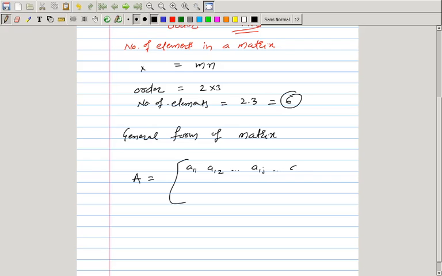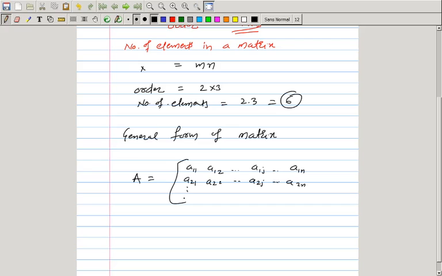In the end, a1n, first row, element of nth column. Similarly, for the second row, I have a21, a22, and so on, a2j, and so on, a2n.